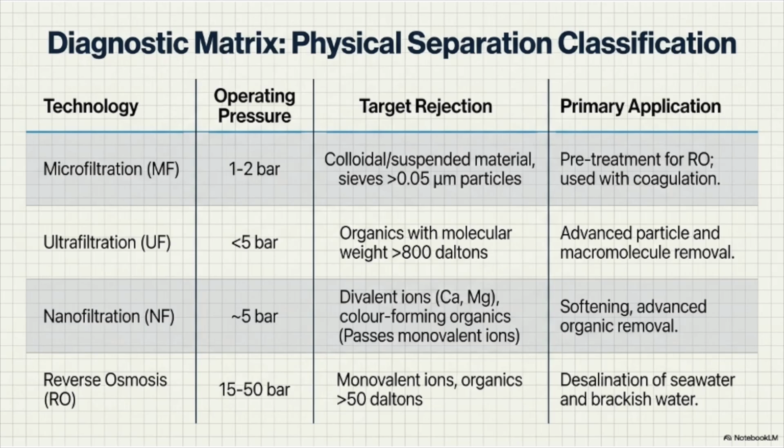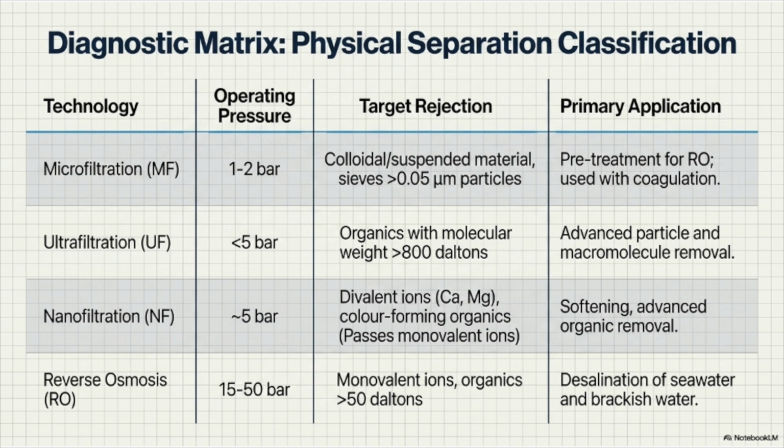Nanofiltration targets divalent ions such as calcium and magnesium along with color-forming organics, while allowing monovalent ions to pass, and is used for softening and advanced organic removal.